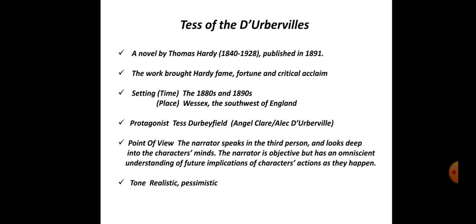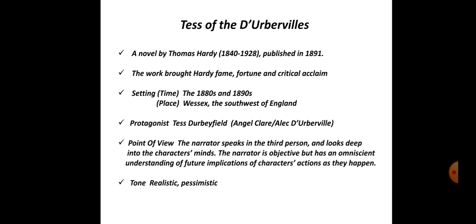The narrator is objective and omniscient, which means he can be at many places at the same time, and he also has an understanding of the future implications of characters' actions as they happen.